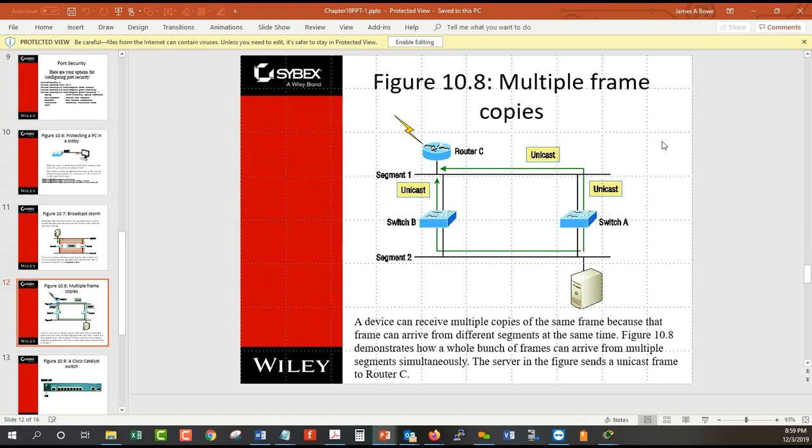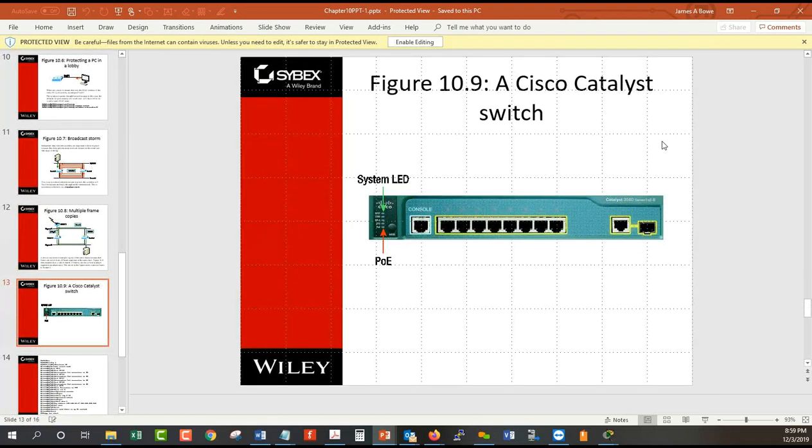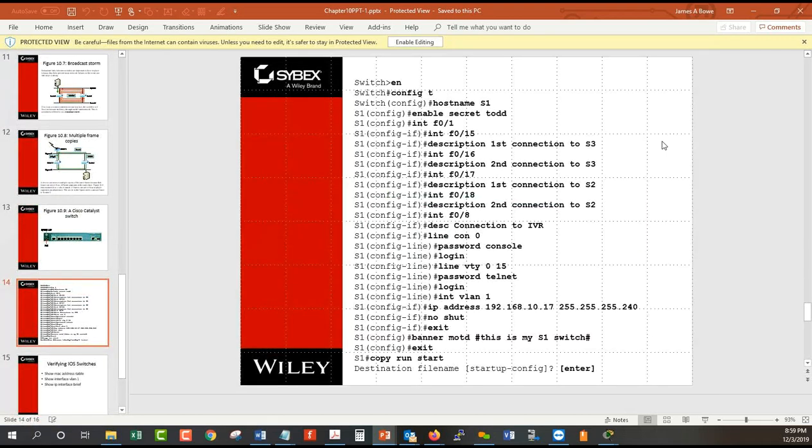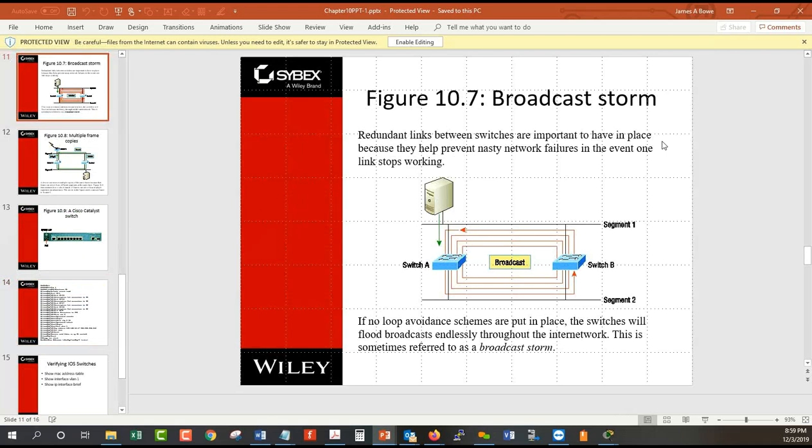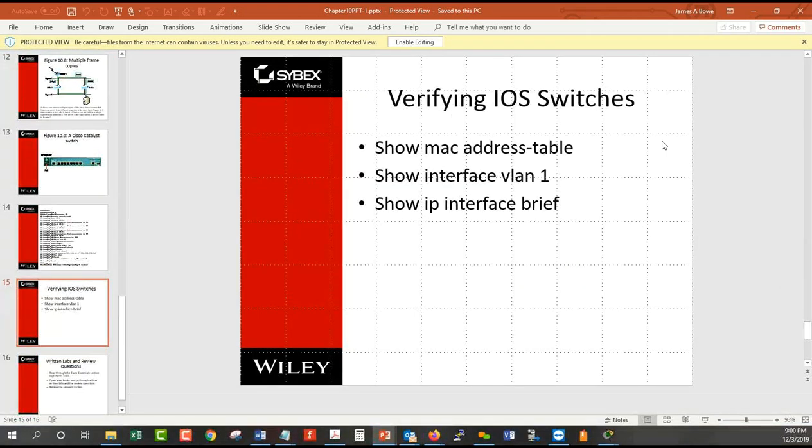We talked about broadcast storms and how switches use STP to avoid a broadcast storm, which is what you saw here. Okay. Also, your show MAC address table, as well as show the VLAN interface and the IP interface.